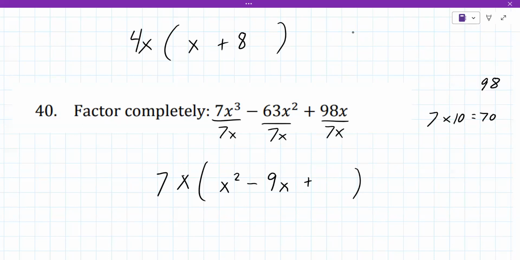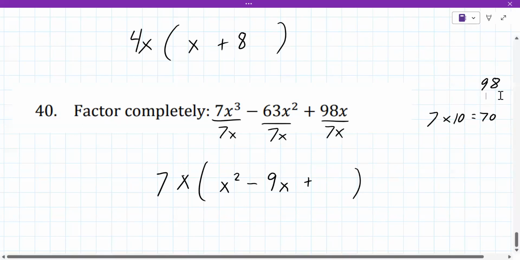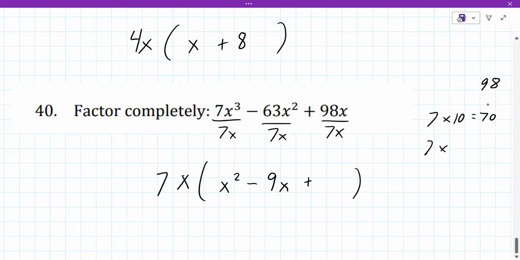And you want to get to 98. So how much is left over? 28. And so 7 times what gets you to 28? 4. So you add them up, 14.